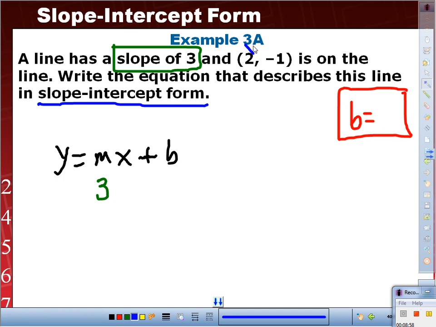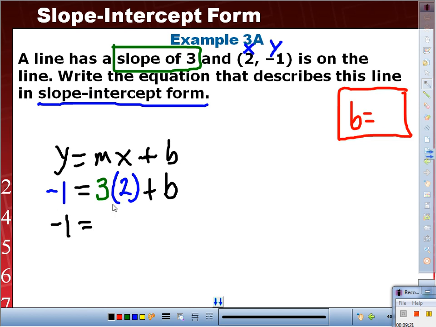Yes, this one represents x and this one represents y. Can I use those here so I can solve for b? Yes, x is 2 and y is -1. Bring everything else down. Now I can solve for b.